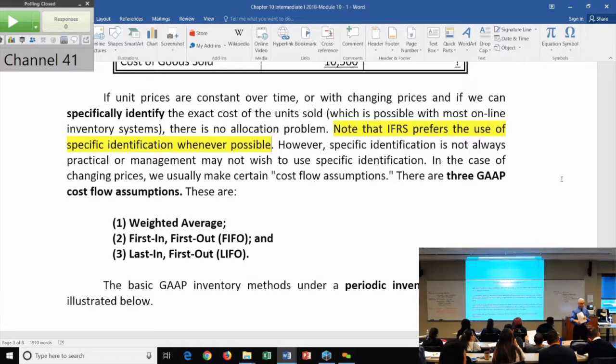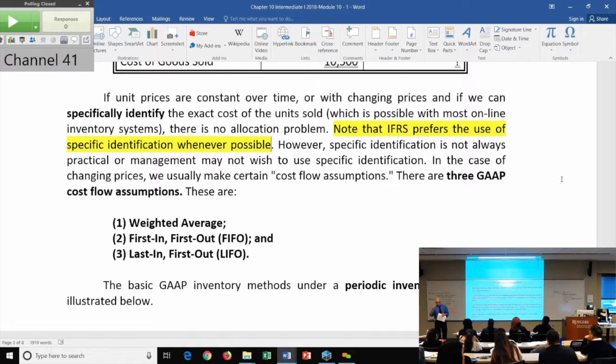Your inventory is current, but you assign old cost to it. It's very hard to imagine a company that sells its newest units first, because you've got style change, obsolescence, spoilage. So you've got to sell the oldest first. But the methods will assign costs to current units.